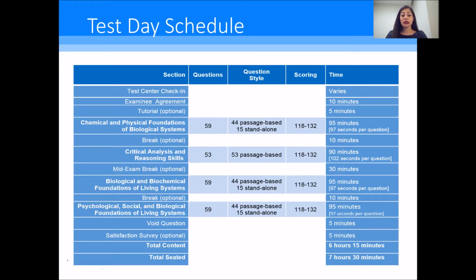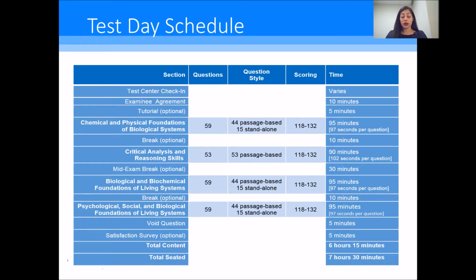The tutorial tells you about the features available on this computerized exam. It'll tell you the strikeout option, that you can highlight text, and that if you hit the exhibit button, you'll be able to see the periodic table. Now, if you've done a lot of full-length practice tests before, you'll know these features right away, and you won't have to spend time going through the tutorial.